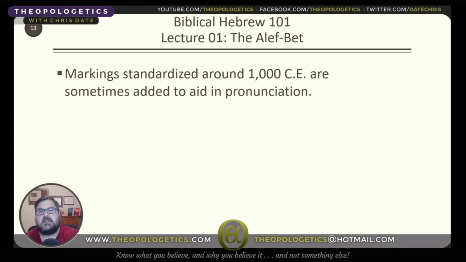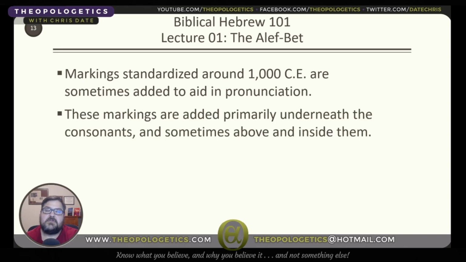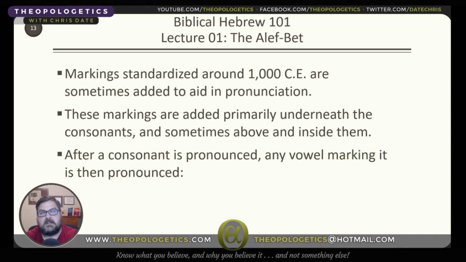And by added, I mean they are added to the consonants in the form of markings primarily underneath those consonants, but sometimes above and inside them as well. And so that's how printed Hebrew captures the vowel sounds, and that's how they're able to do it when the Alef-Bet only contains consonants.